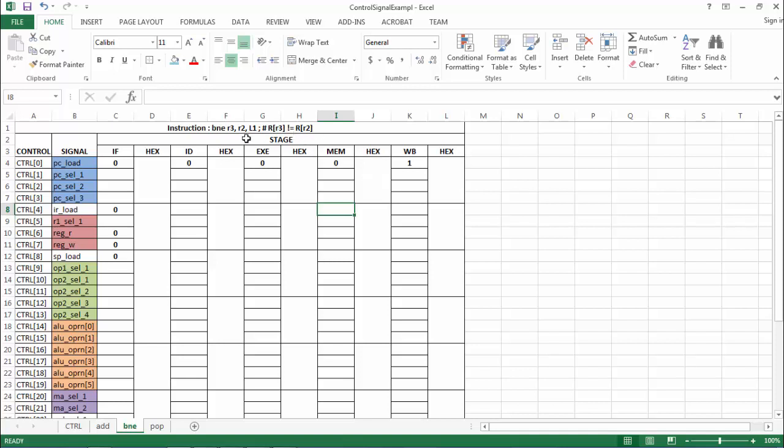So let's see what it will mean. At the end of the day, it will pick up a branch address L1, right? Because we are assuming in the register file R3 content is not equal to R2 and we are executing a BNE. That means at this point it will be jumping to L1, right?